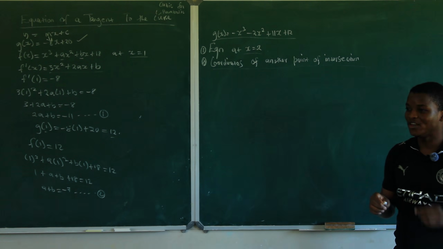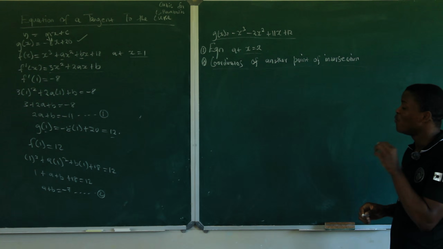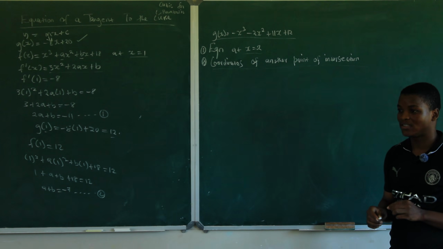find the coordinates of the point where the graph and the tangent will touch or will meet again, right?